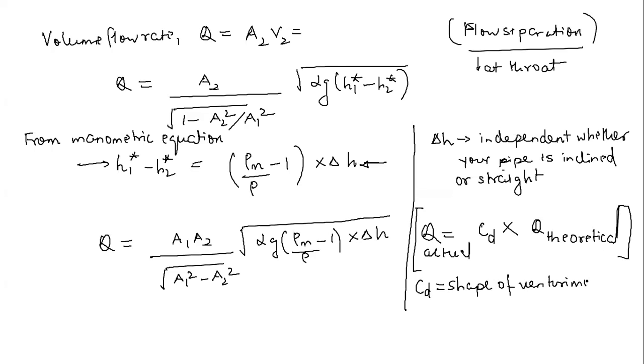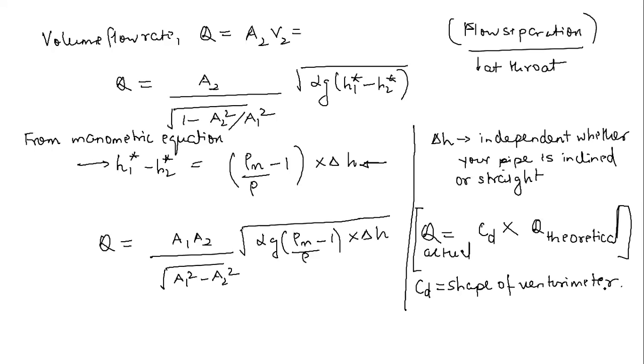Now just tell me one thing, the value of CD should be less than 1 or greater than 1? It will be less than 1, because the actual flow rate will always be less compared to the theoretical, because we are not considering the loss of energy, the flow separation, the disruption in flow, all those things.